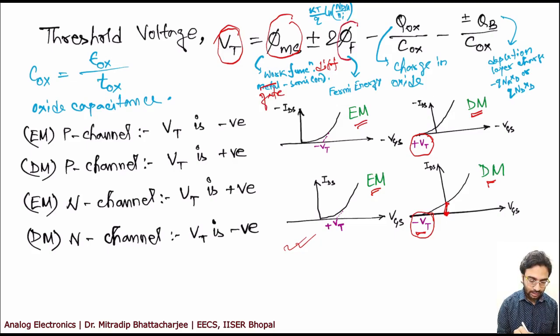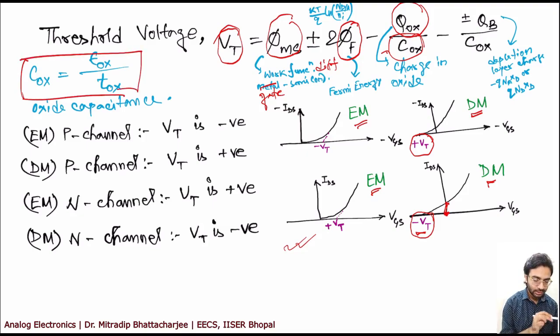Then another term is phi f, that is Fermi energy, and the third term is Q ox by C ox. C ox is the oxide capacitance. I have shown you here the oxide capacitance expression, which is actually oxide capacitance per unit area. I have explained already. And this is the depletion layer charge.